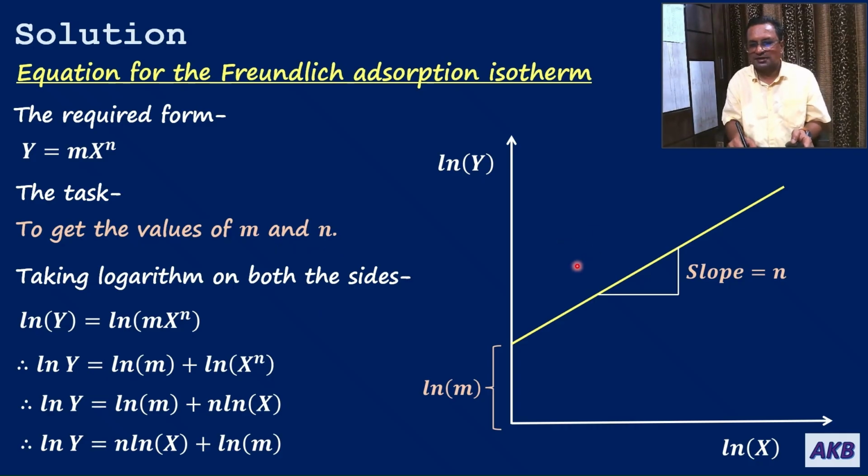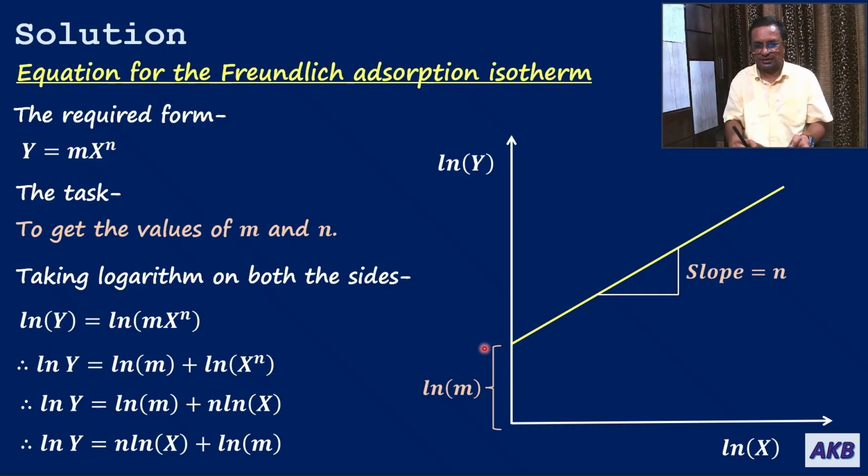So the task is, we will plot this graph. For that we need to get values of ln y and ln of x, and then we will be plotting it. If we get a straight line that makes an intercept on the y-axis, we will conclude that the converted equilibrium data is following the Freundlich adsorption isotherm.